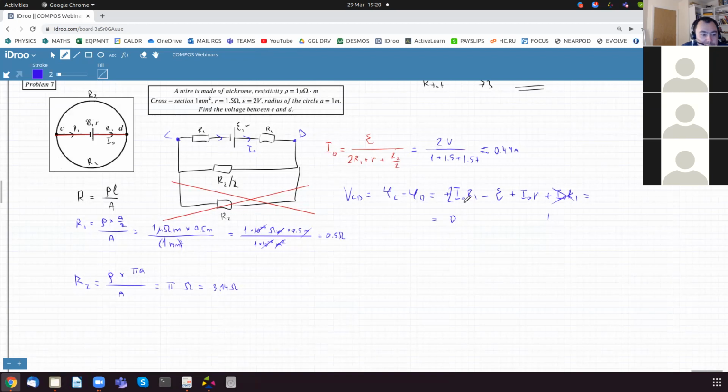So 2 times R1 is 1 times 0.49 volts, minus EMF, minus 2, plus I0 R. So it's 0.49 times 1.5. That is 0.737, and that's something.